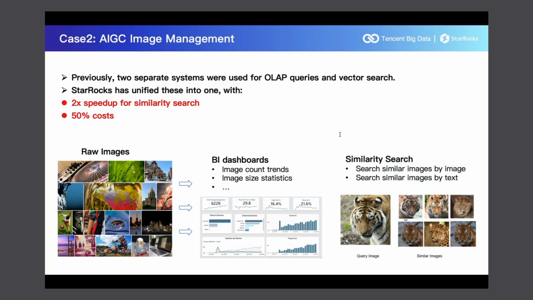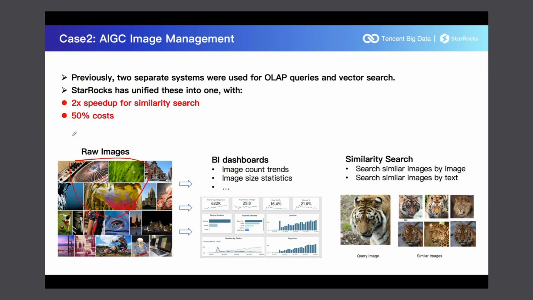Case 2 is the initial example we discussed. Recall that we have a really big content library containing billions of images. Each image is associated with some metadata, for example, image size, image quality, image source, and it has two feature vectors that represent the textual feature and the visual feature, respectively.